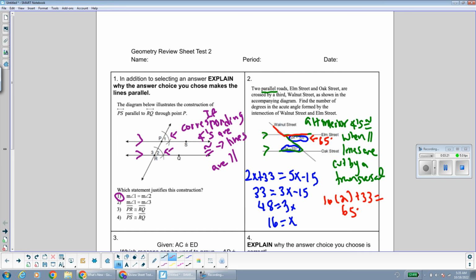And then we're actually looking for this angle here, which is supplementary to the angle that we just found. So if we do 180 minus 65, we get 115 degrees. And that's the angle that we're looking for, formed by the intersection of Walnut Street and Elm Street.